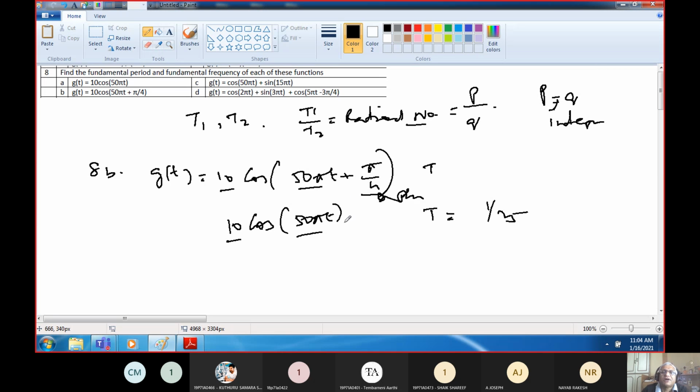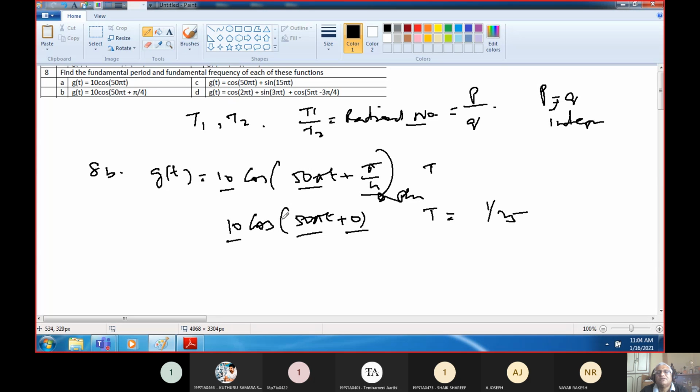Whereas in the earlier problem, although the phase is not shown, he could have just written plus 0. So the phase of the first problem is 0. You have to remember, phase is different, frequency is different.